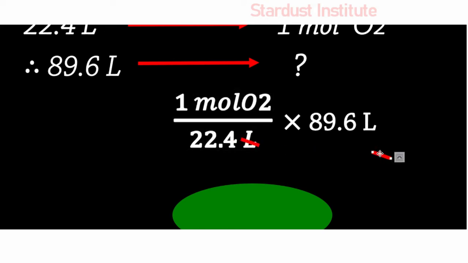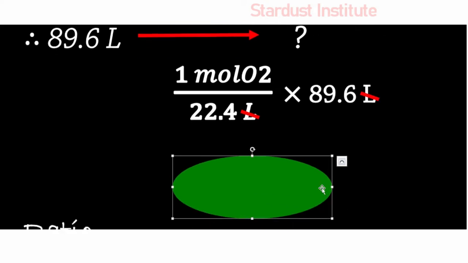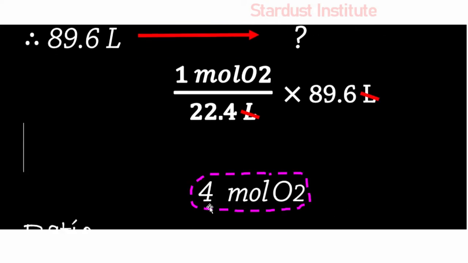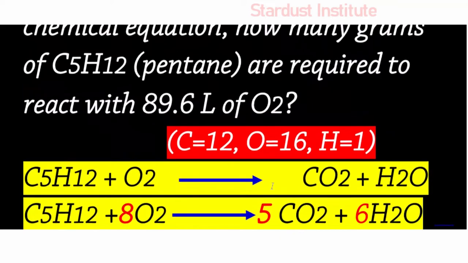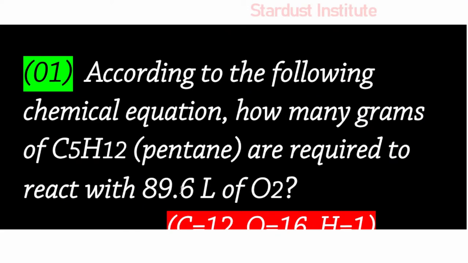Liters cancel. Now we get moles of oxygen: 4 moles of oxygen. If you want, you can use a calculator.